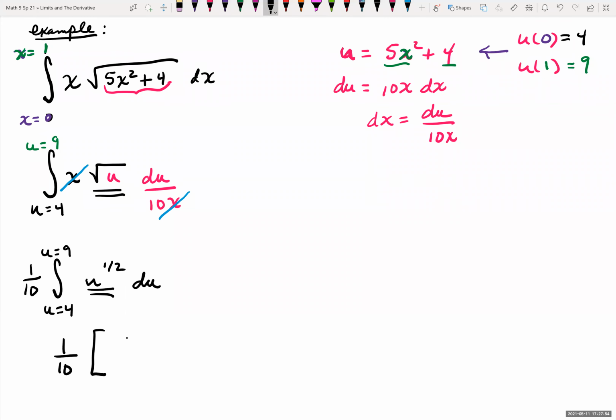So adding 1 to our exponent, 1/2 plus 1 is 3/2. Dividing by 3/2 is the same as multiplying by 2/3. This is a definite integral, and so we have to evaluate this from 4 to 9.